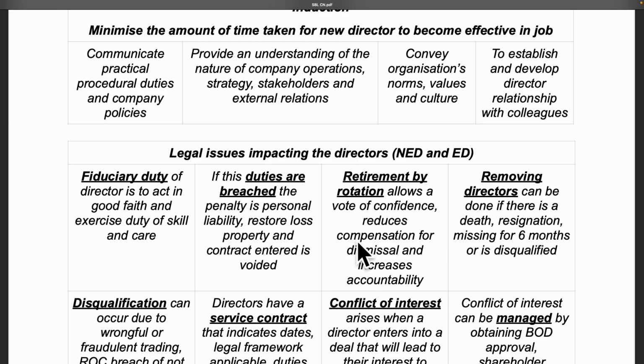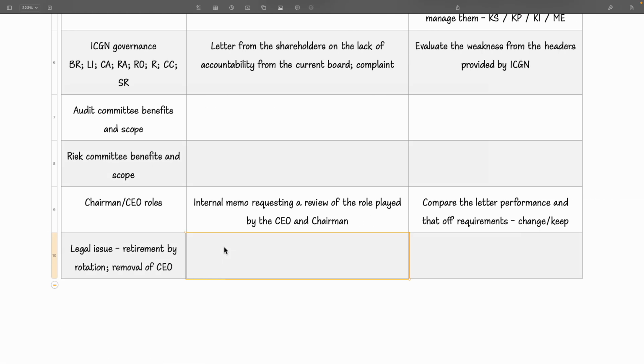So you might have to talk about the idea of removal. So you must know what is the retirement by rotation.